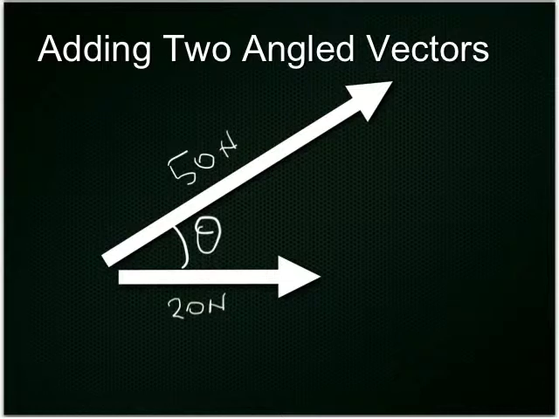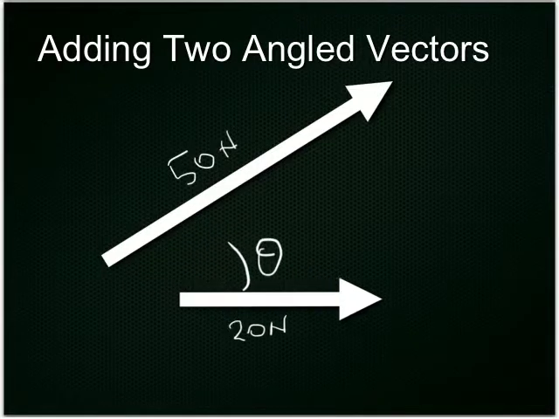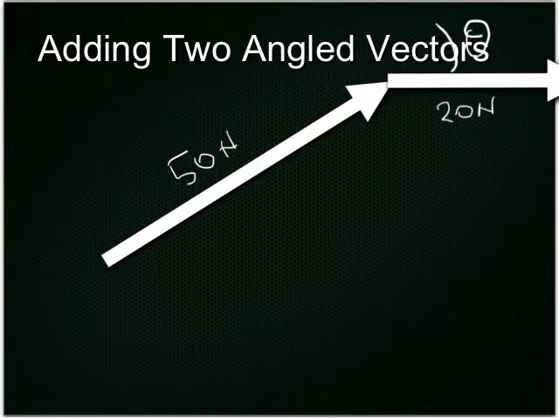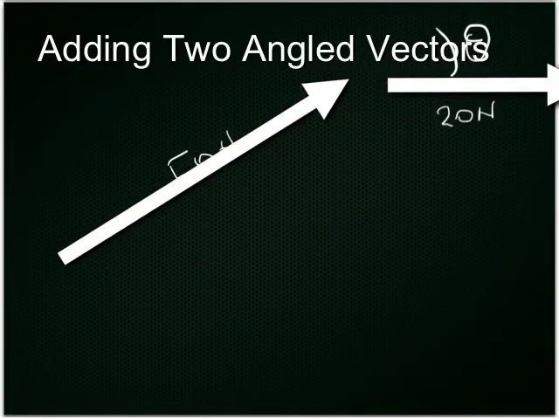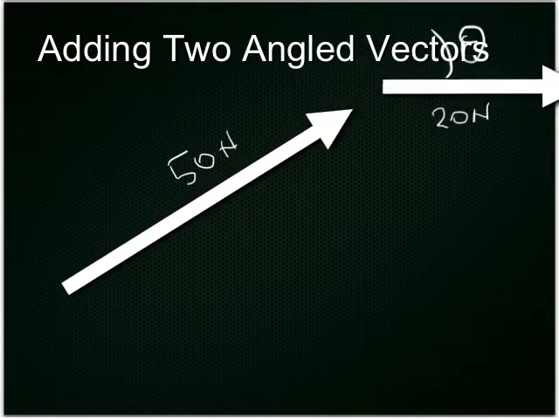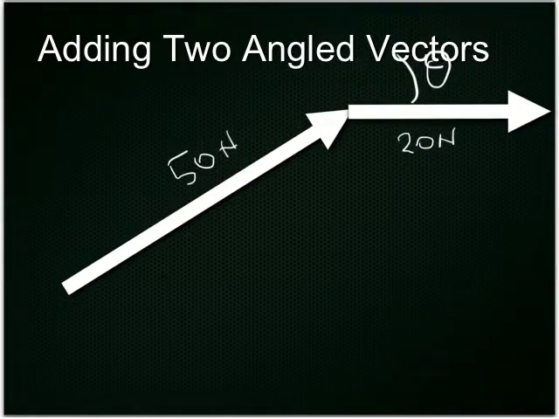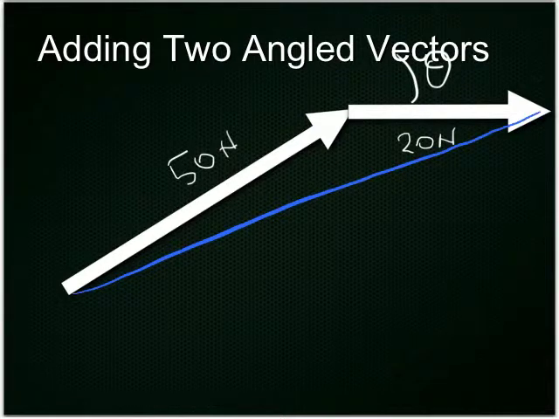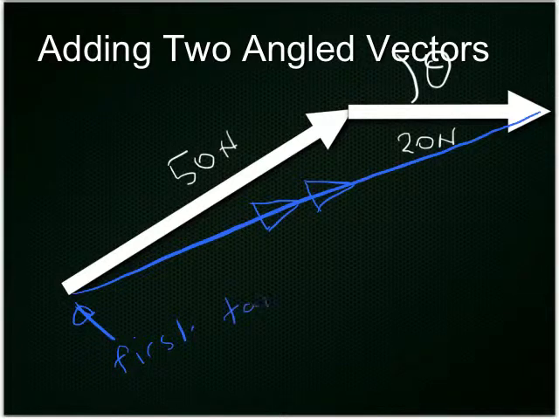Well, you grab the tail of one and add it to the head of the other one, like that. And then you get a final resultant vector that we denote with two arrows going from the first tail to the last head.